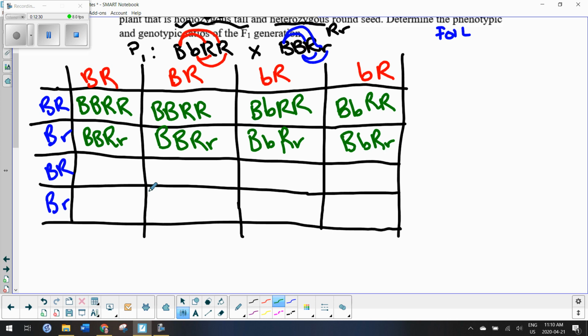I highly recommend that you pause the video so that you can try the rest of them and then check to see if you did them right. So big, big, big, big, big, big, big, big, big, little, big, big. Just making sure I did it right. I'm doing these pretty fast.